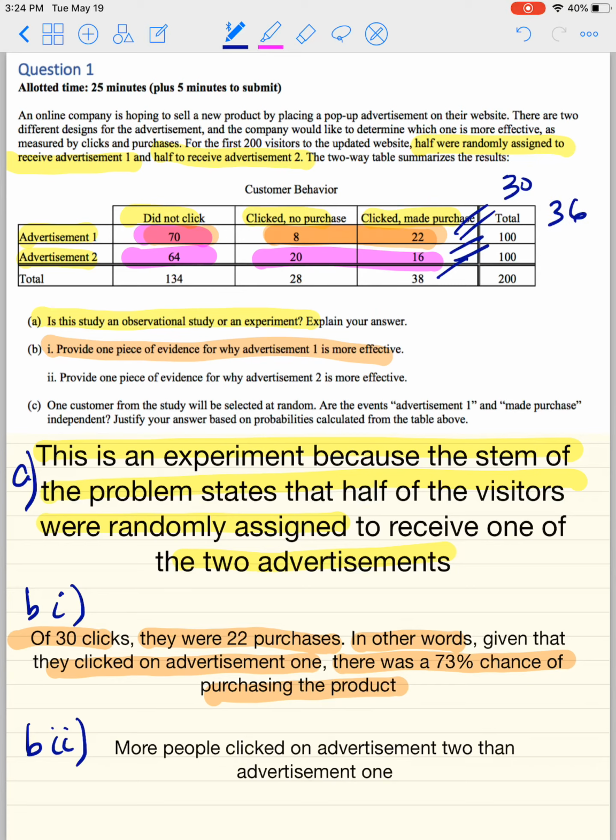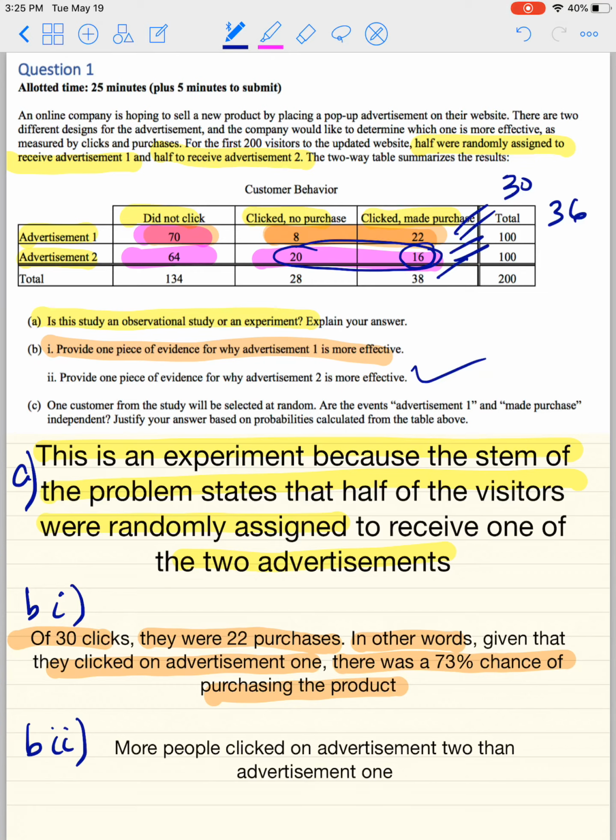So I just said more people click on advertisement two than advertisement one. If you take a look, 16 out of 36 was about 43%, I believe. And so you don't really want to use that as why advertisement two is more effective. You just want to say something quick, okay? So I think that's more than enough to write, all right? So more people clicked on advertisement two than advertisement one.